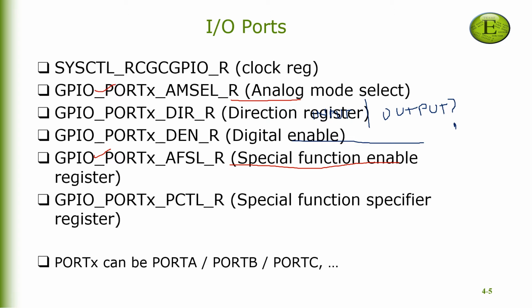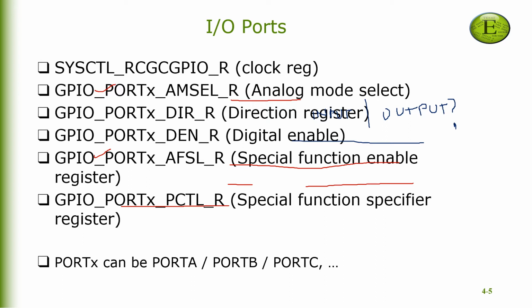The next one is the alternate function, or should I say the special function enable register. Like we said in the beginning, some of the port pins can be used for implementing special functions such as serial communication protocols, the I2C, SSI, and the UART.